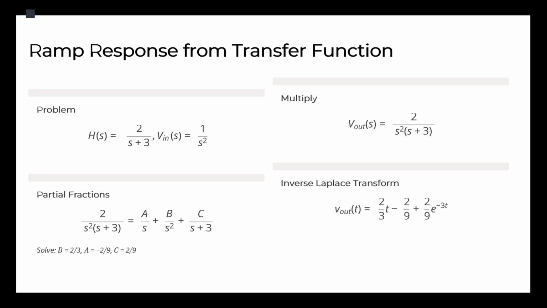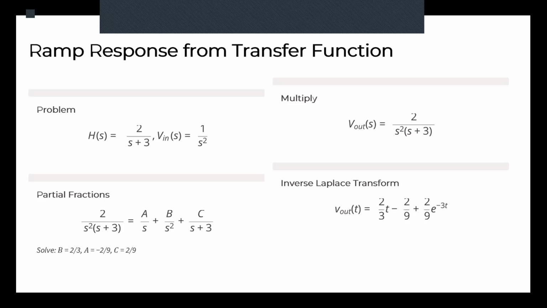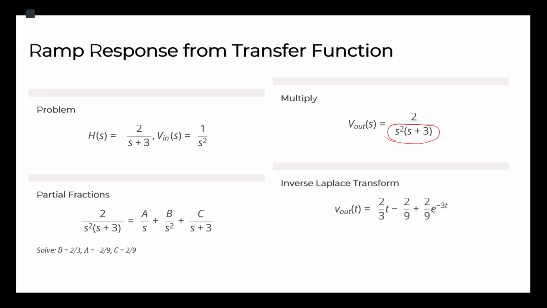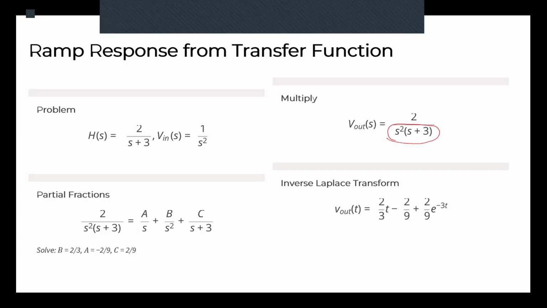Again, we have a function, a higher degree, like a third degree function in our denominator. We have to separate the poles and basically change these into the separate terms.